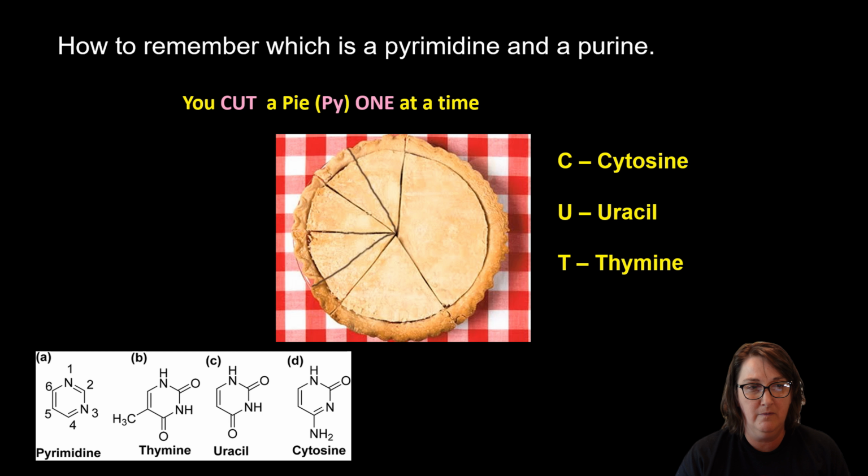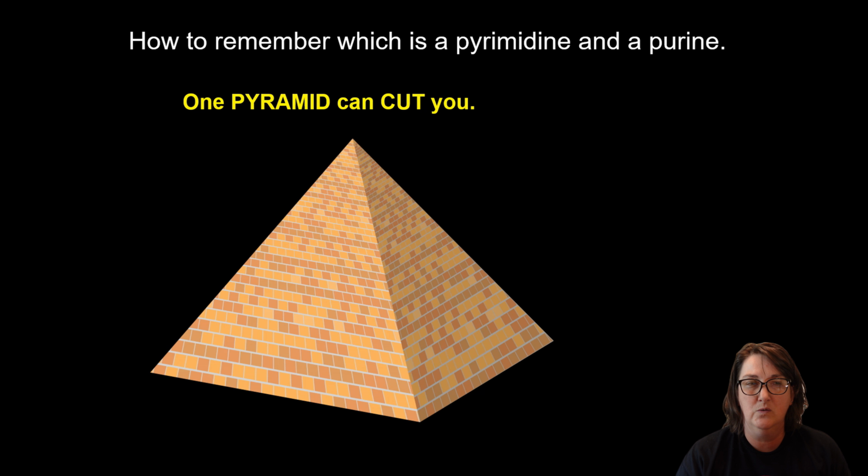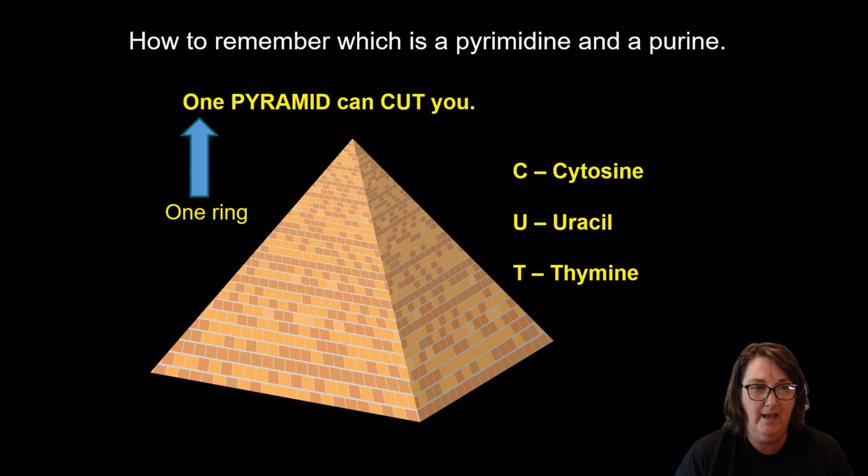Another one I've heard before is a pyramid, which is 1 pyramid can cut you. If that helps you out, that's fine, but I've liked the pie one. I cut a pie one at a time, so I know CUT are the ones that are pyrimidines. Some people will use 1 pyramid can cut you. So same thing, cytosine, uracil, thymine, and it's 1 ring.